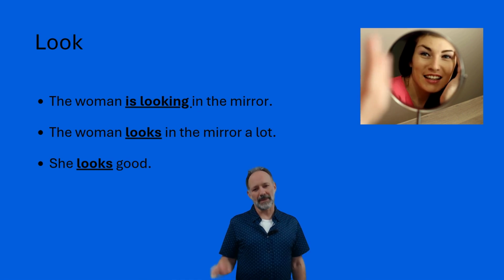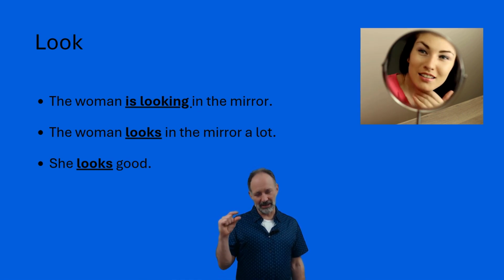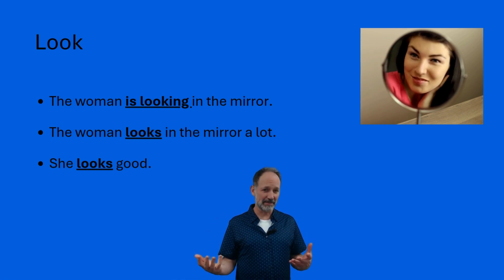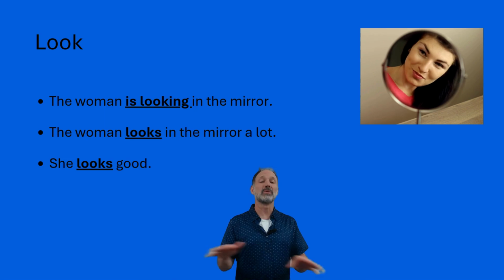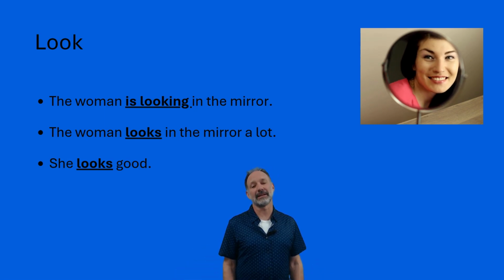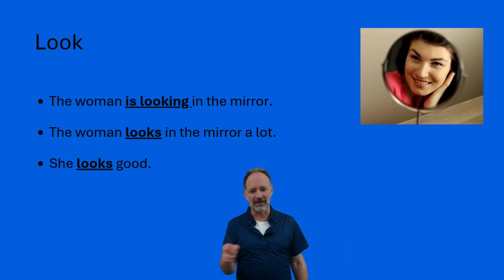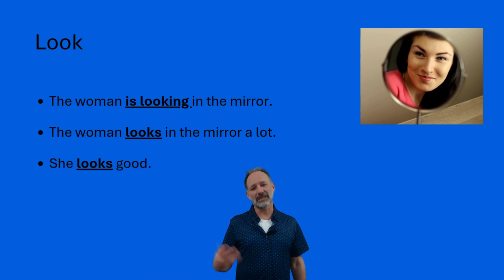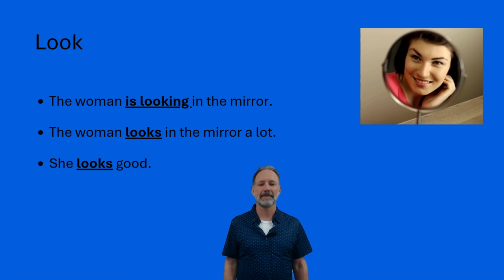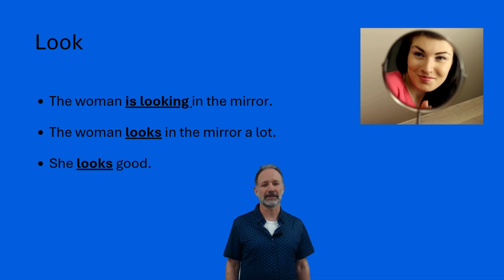So in that situation, she looks good. That would be a non-action meaning for look. So we would not use that in the progressive usually. But sometimes we do see she is looking good. So it is possible, but usually not in the progressive for the non-action meaning of the verb look.